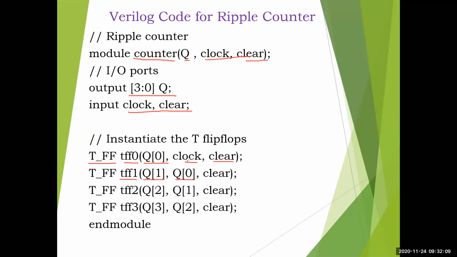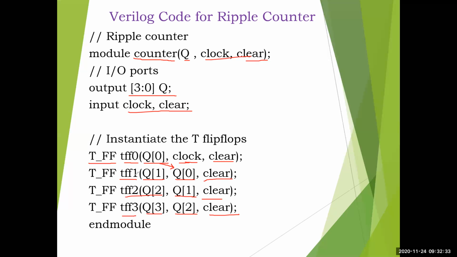So this clock was only for the first T flip-flop, and its output is given as input to the next flip-flop, right? Clear was given to all the 4 T flip-flops. Then the second T flip-flop had Q of 2 as the output and Q of 1 as the clock signal, and the last flip-flop has Q of 3 as the output and Q of 2 as the clock signal. These are very simple.